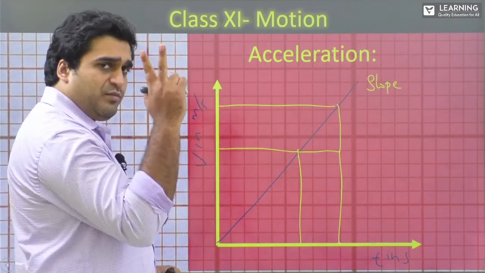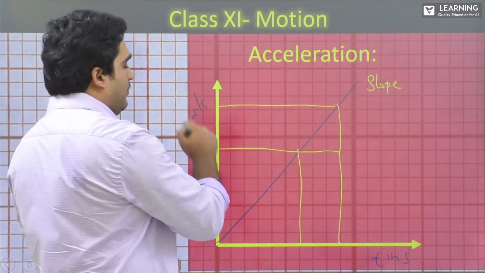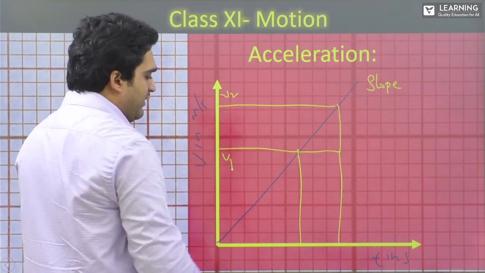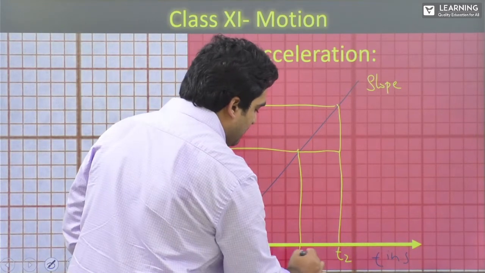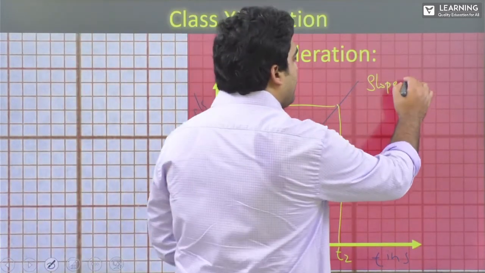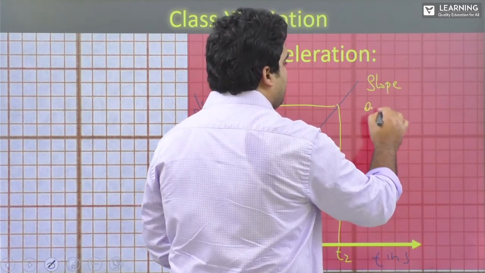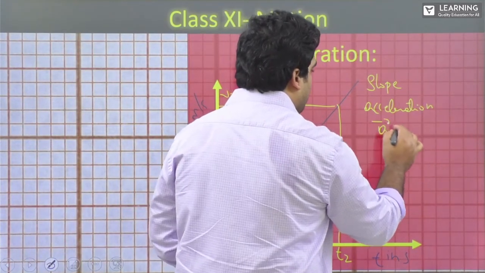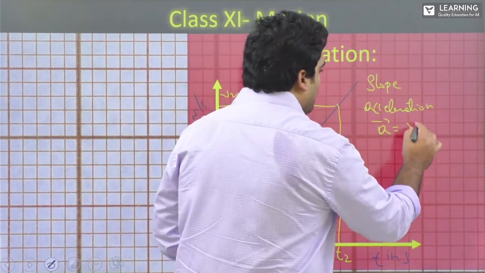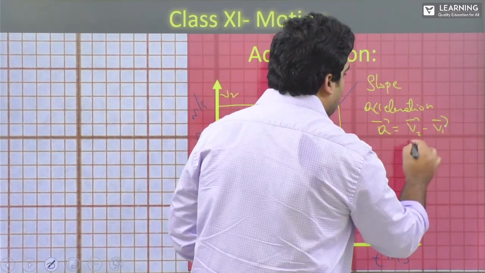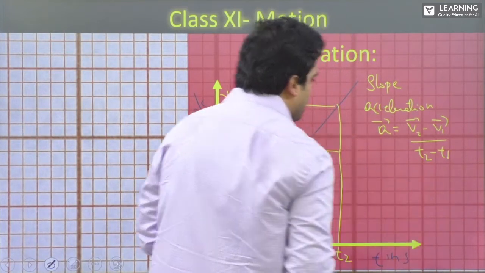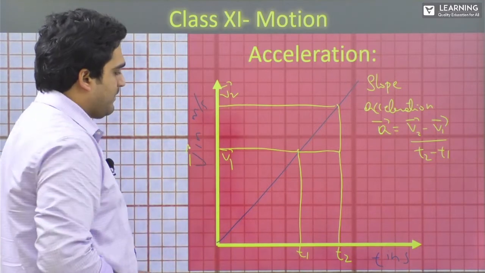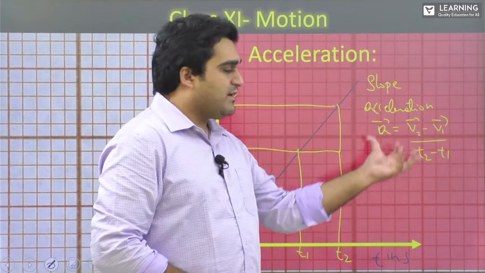You get two points along the y-axis, in the direction of the velocity, as v2, v1, and similarly t2, t1, where slope, in this case acceleration a vector, equals v2 vector minus v1 vector divided by t2 minus t1. These are vector quantities. So this is how you can identify acceleration.